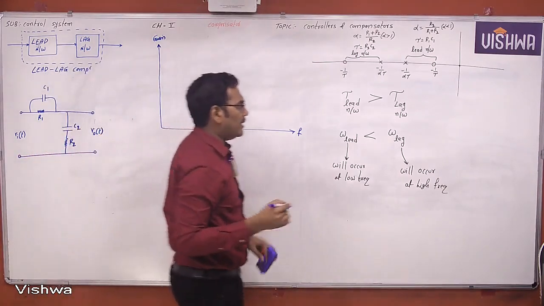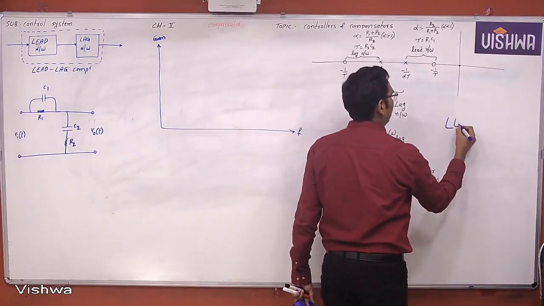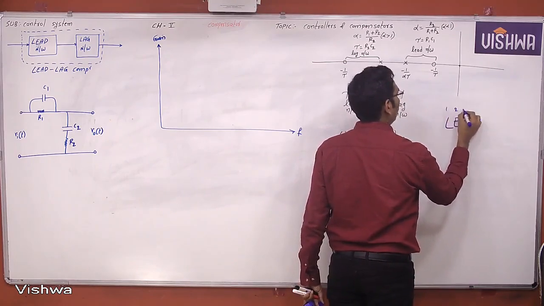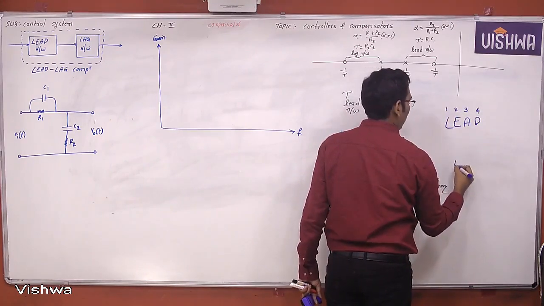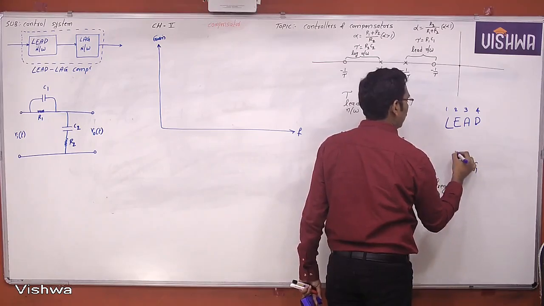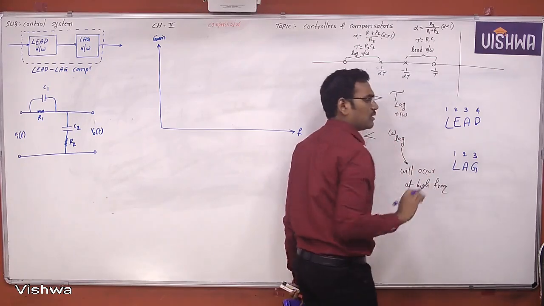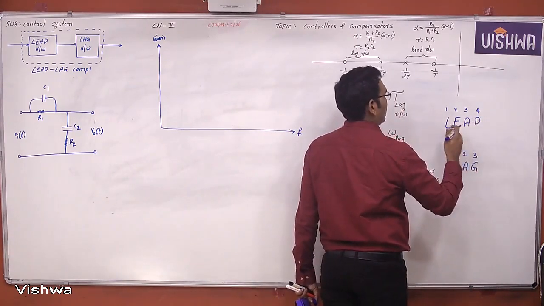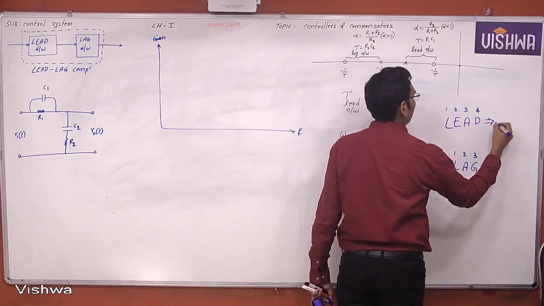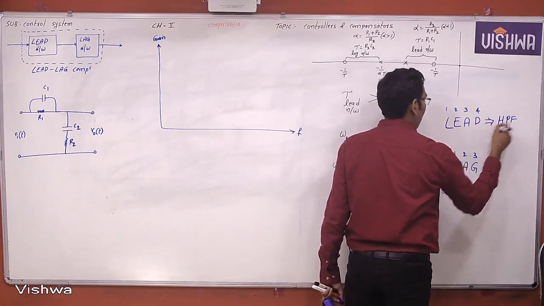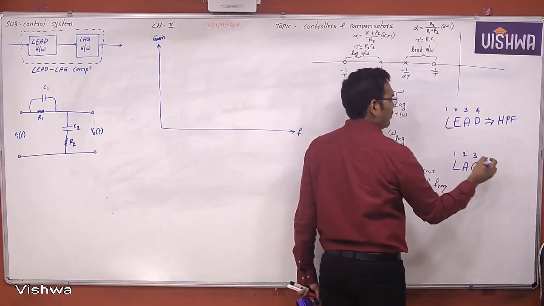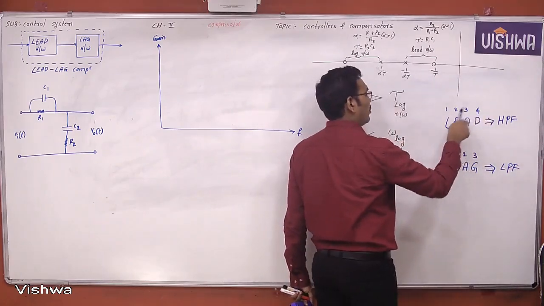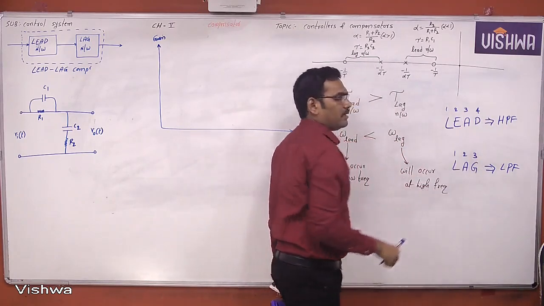Students, one shortcut method: remember that the word lead has 4 letters, and lag has 3 letters. More letters means high pass filter. Fewer letters means low pass filter. You can remember it like this.